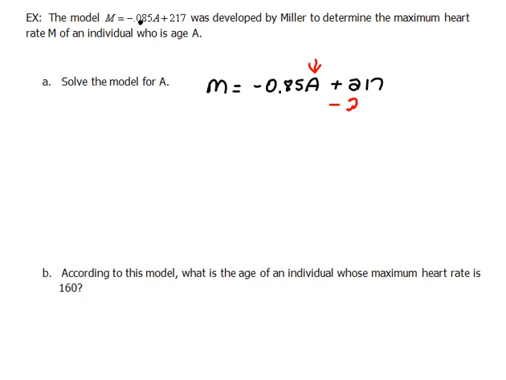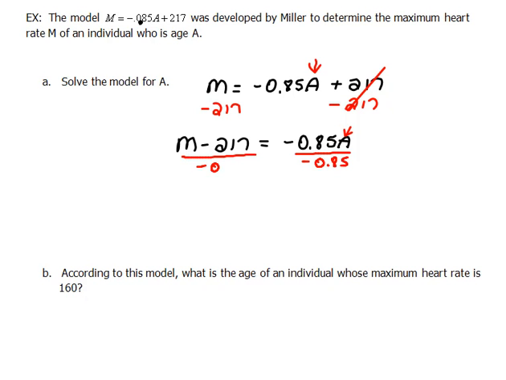Let's subtract the 217 first, so that we can remove it from this term altogether. So when we do that, we have m minus 217 equals negative 0.85a. Now we're still not done, because we need a to be alone, and it's still being multiplied by this number. So the opposite of multiplying would be to divide both sides by the negative 0.85.